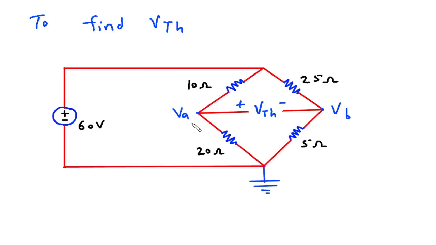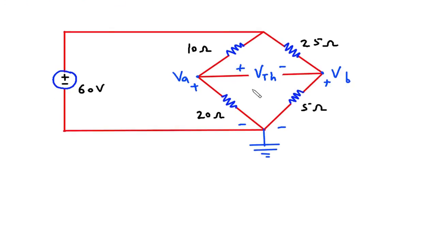Let's say this is loop number 1 with current I1. Apply KVL to loop number 1.